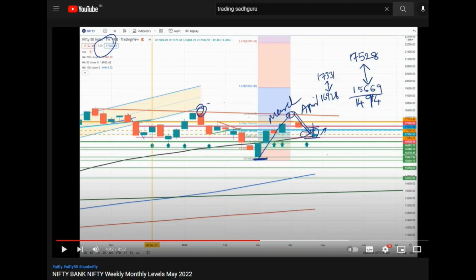If we discuss the levels mentioned in our weekly and monthly video, if you recollect, these were the levels based on the time frames. This level was given for a shorter time frame, day or week, and this level was given on a longer time frame, that is for the weekly as well as monthly.